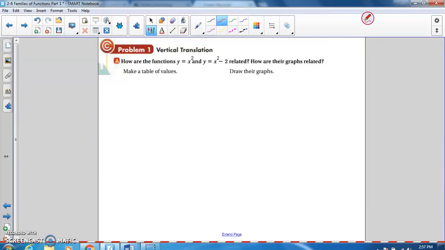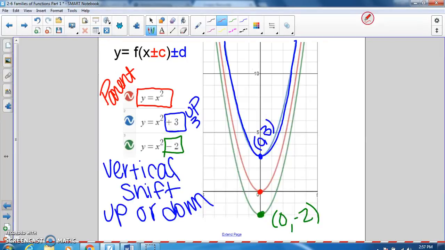Since we already know the rules, we don't have to make a table of values, because we just saw when we have x squared minus 2, what happened to our entire graph? It shifted down 2.